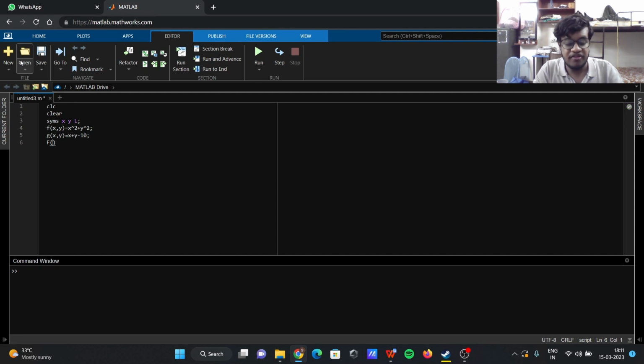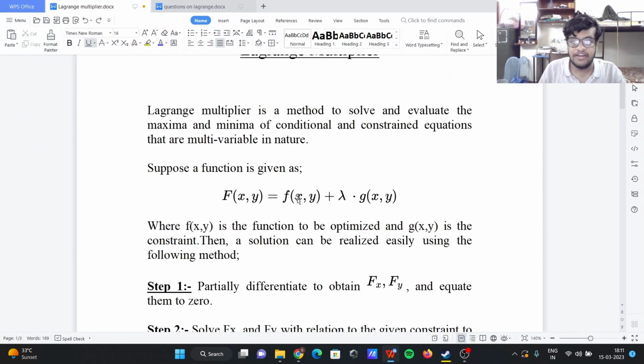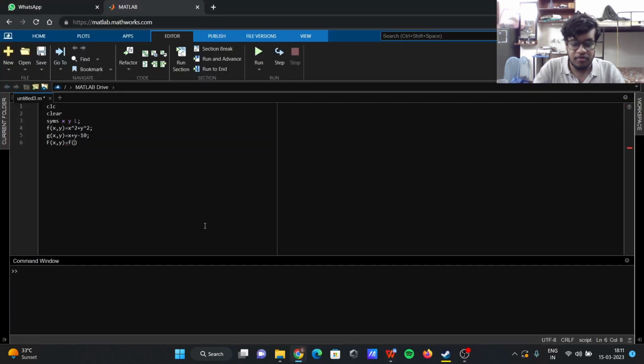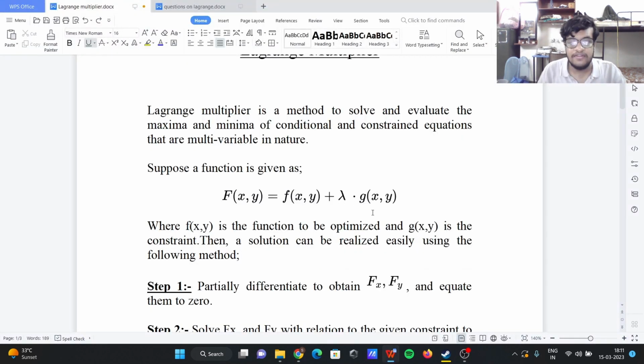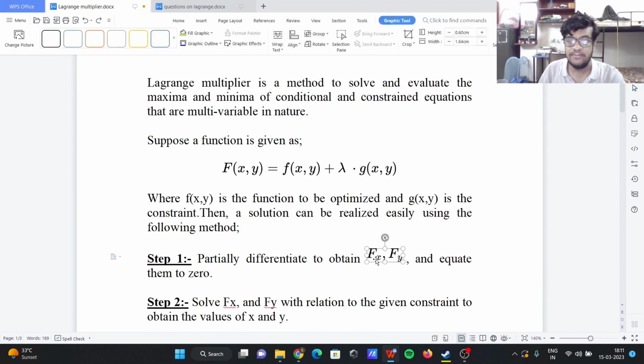Now, let us define capital F of x. You do know that capital F of x is just small f of x plus lambda times g of x. So, small f of x comma y plus L times g of x comma y. Now, the first step in finding out the solution is to differentiate to obtain fx and fy.